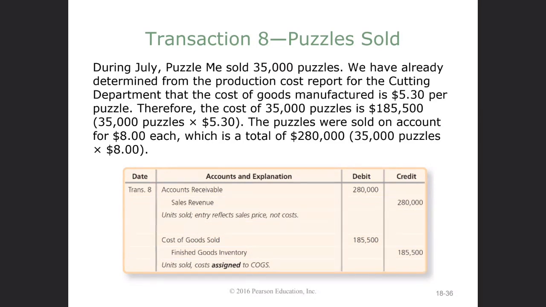We're going to credit our finished goods inventory account for the same, because that's what it cost us to finish those goods to then sell those products. So the cost is what we will record for our cost of goods sold and our finished goods inventory. The revenue portion, the sales price, is what we will use for our accounts receivable and our sales revenue.